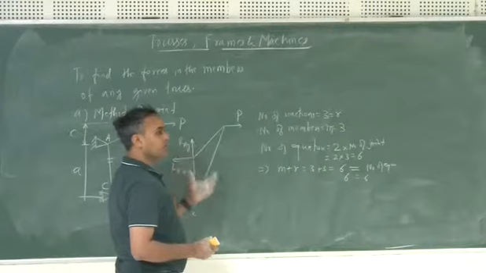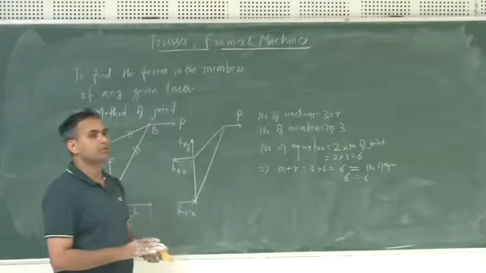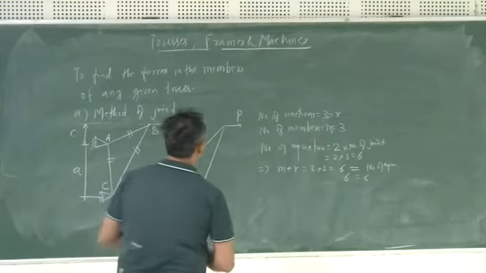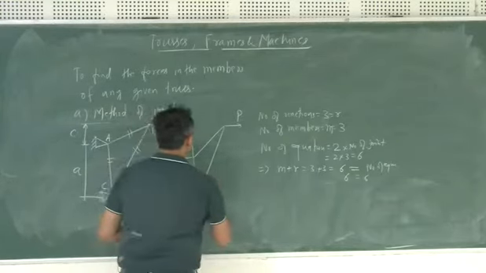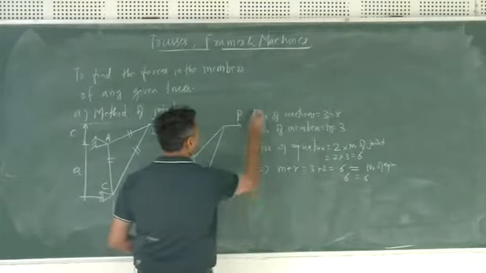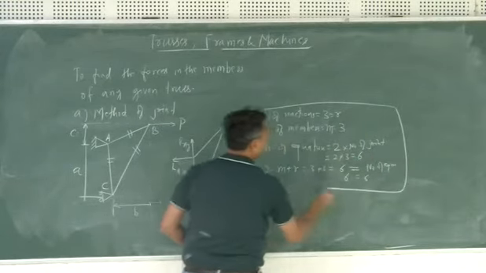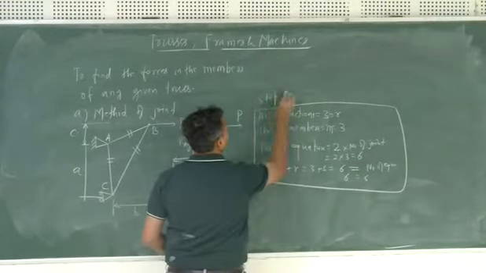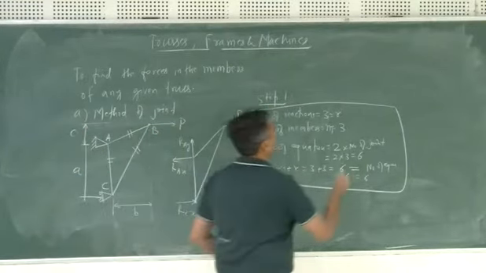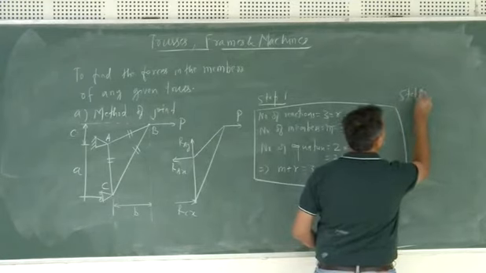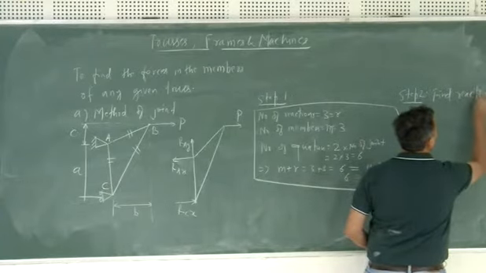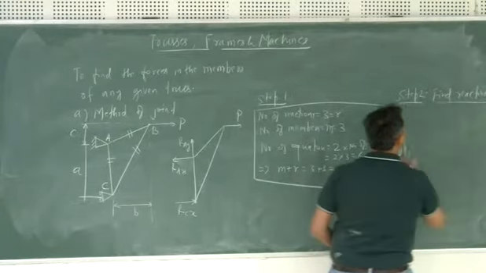When you take the whole system, you have to take summation of Fx, summation of Fy, and summation of moment equal to 0 at any point. So step number 1 is done, and step number 2 says find the reactions.